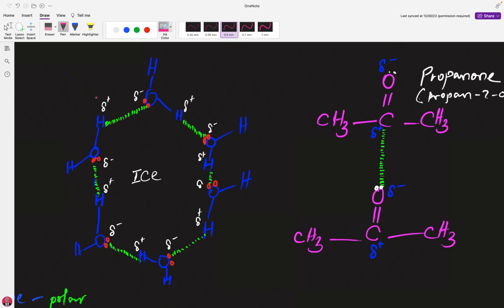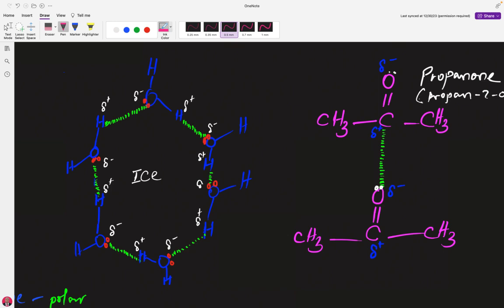So you see, these are hydrogen bonds because of what I've described. This is an oxygen molecule. There are two lone pairs of electrons on the oxygen atom, and this is just one.